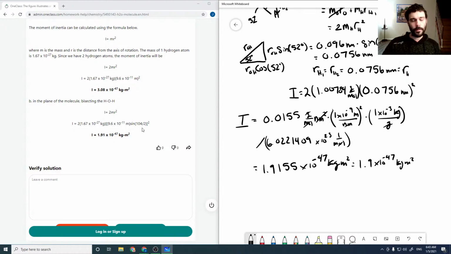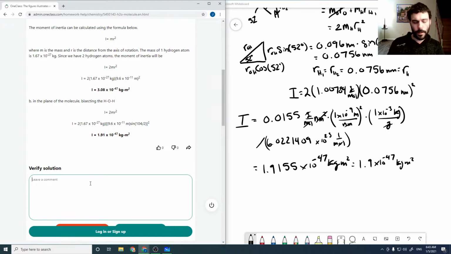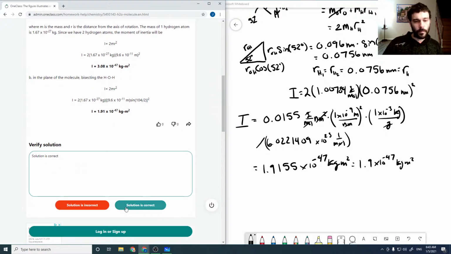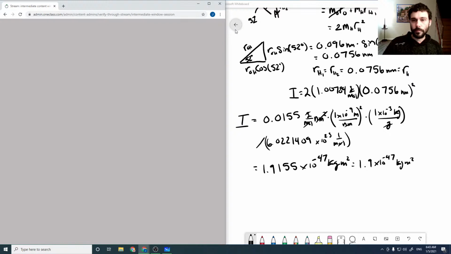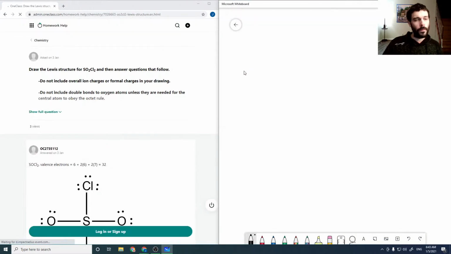But in any case, these values are consistent with the solution given here, so I would say this is correct.